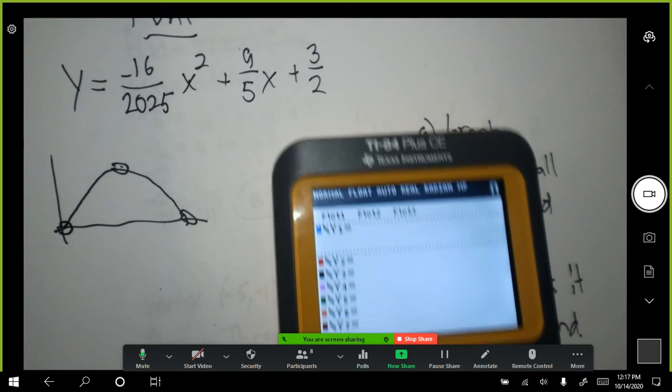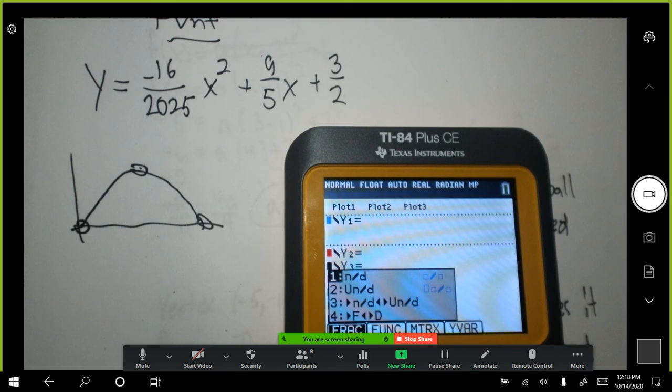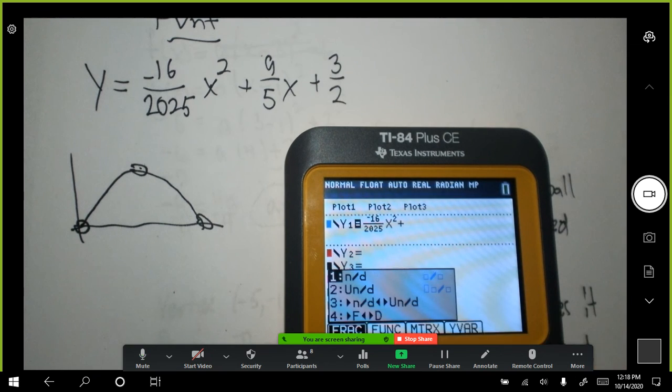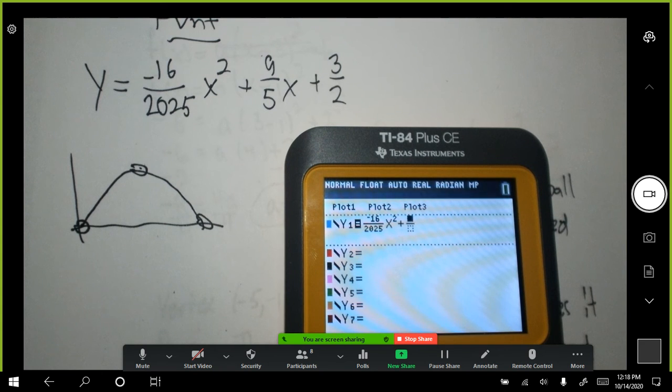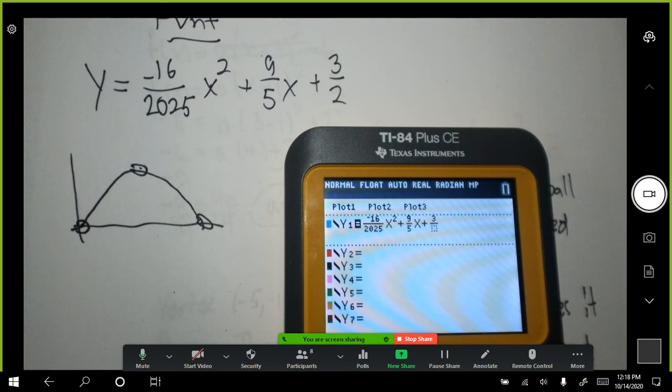So I'm going to type in that equation. That is going to be negative 16 over 2025 x squared plus 9 fifths x plus 3 halves.